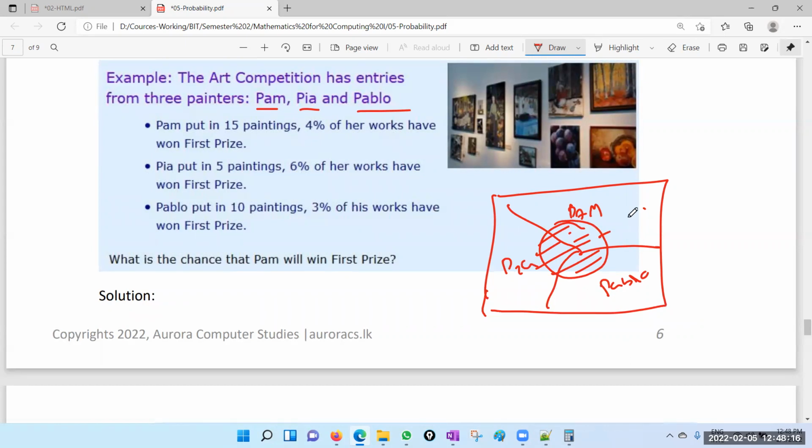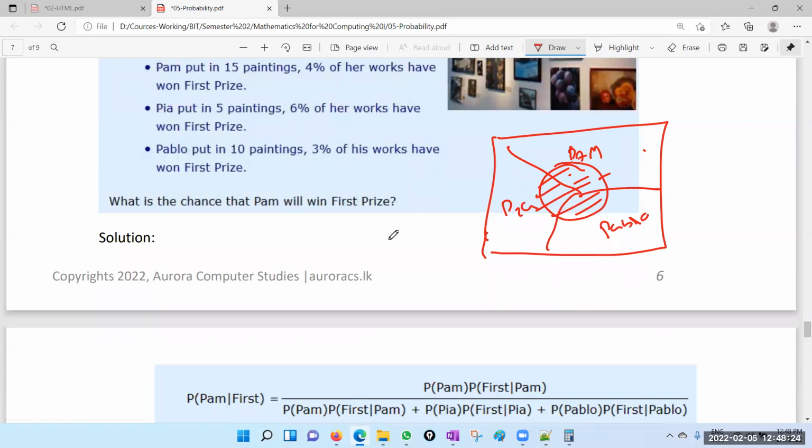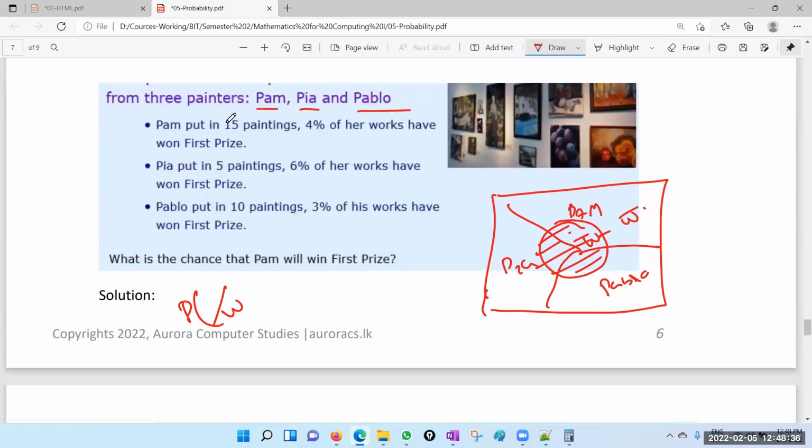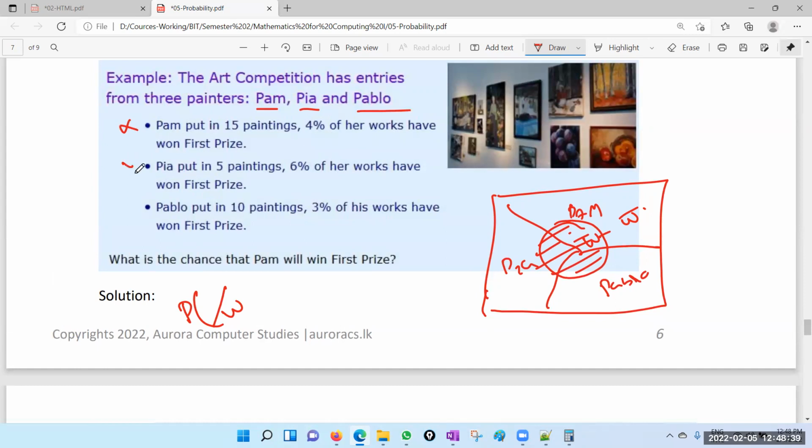So what do we need? If it is a win, what is the probability that it is Pam? Probability of it, given it is a win, what is the probability that it is X, Y, or Z?